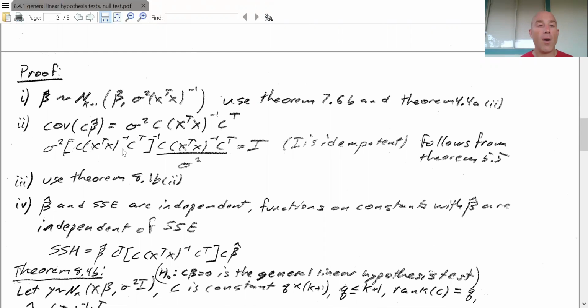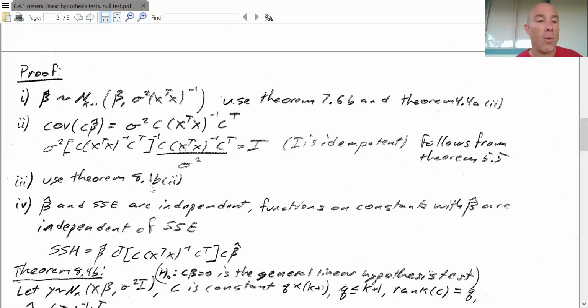All right, and so now, but wait, there's more, because if we just write out the theorem, we're going to see that we take the appropriate constant times the covariance matrix. If that's idempotent, then it ends up that we have a chi-square distribution, and it's an if and only if statement. And so we just applied that theorem. I think it's in 5.5, and boom, it comes out directly.